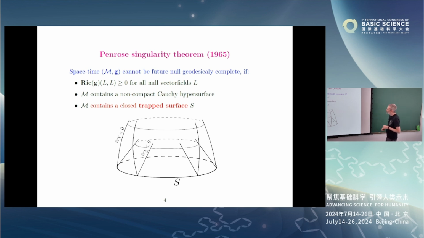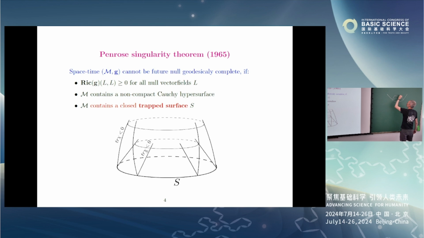And the third condition, and that's the main one, is that M should contain a closed trapped surface S. Maybe let me briefly explain what a trapped surface is. Let me recall the case of Minkowski. If I were in Minkowski and I have a 2-surface, there are always 2 light cones that emanate from this 2-surface. There is one outgoing one and one ingoing one.